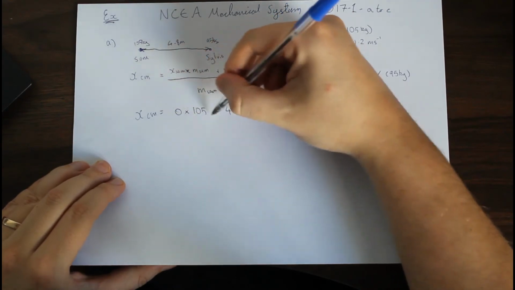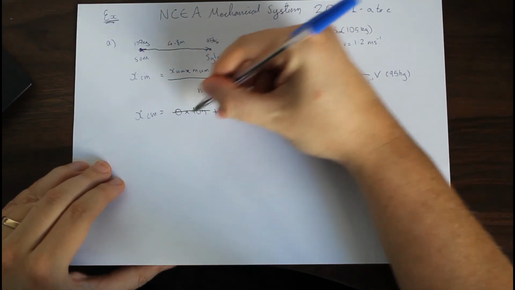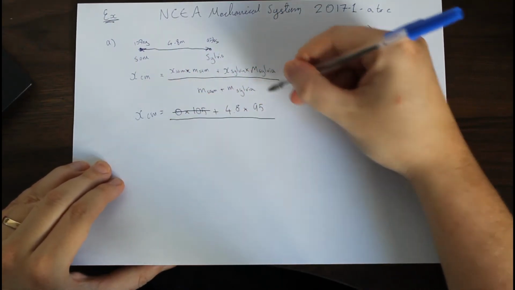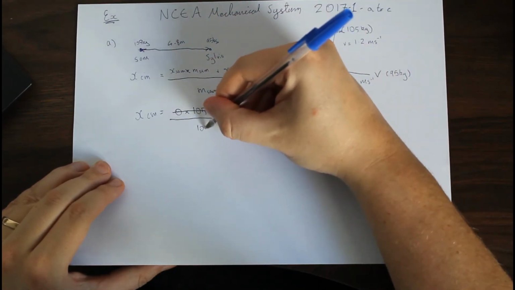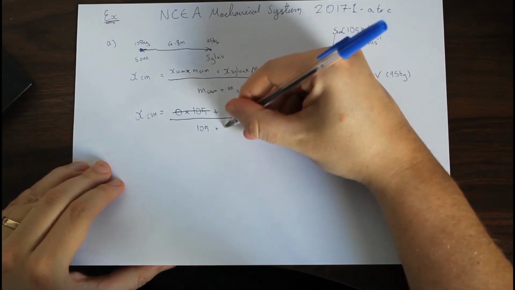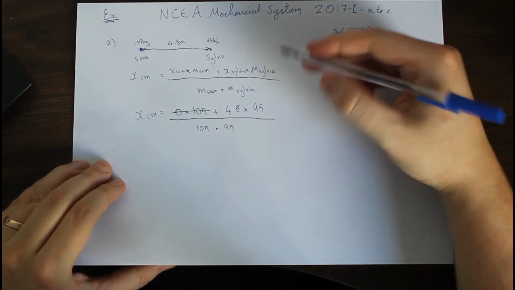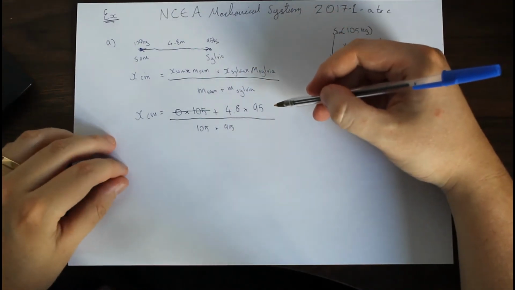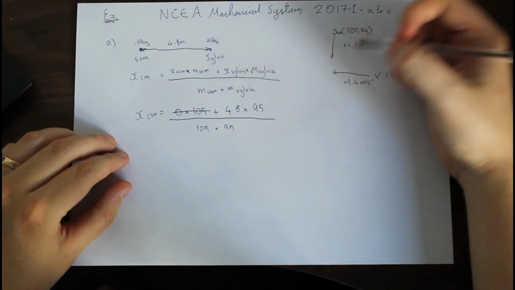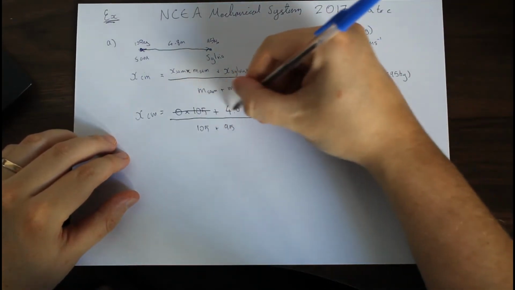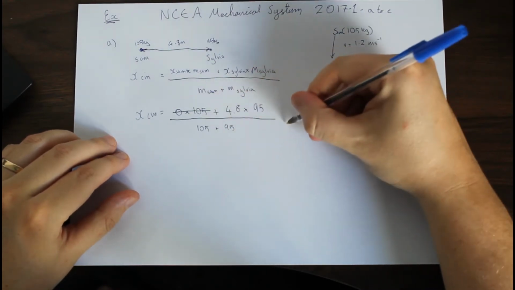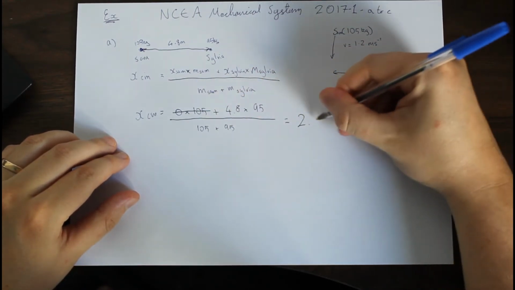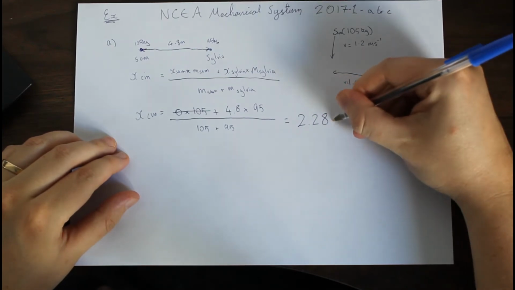We know 0 times something is going to be 0, so we're just going to cross that out, make it nice and easy for us. And we're going to get 105 plus 95 on the bottom, which makes it 200. Quick calculation, strong mental maths, should equal 2.28 meters.